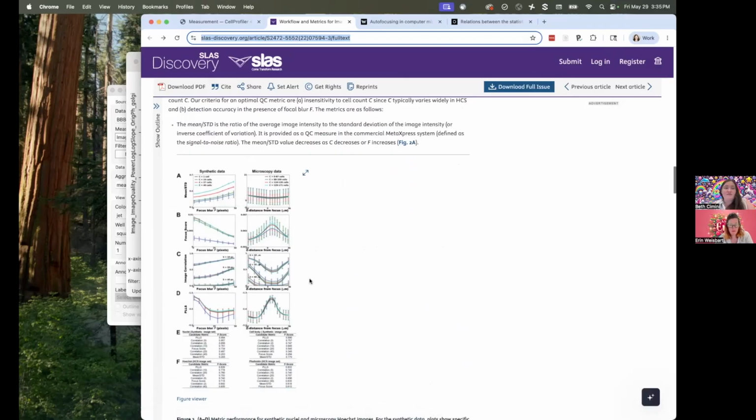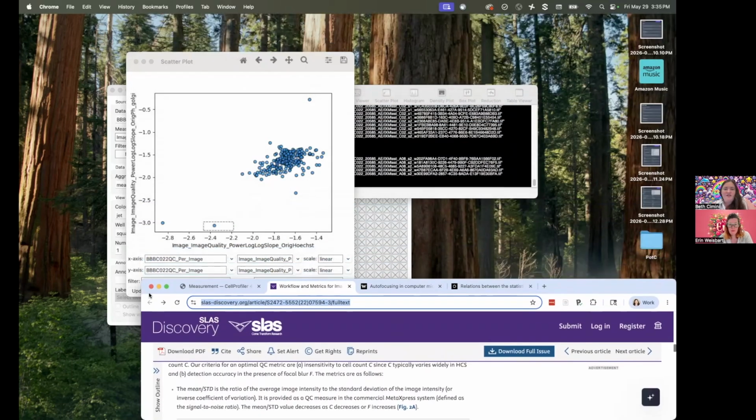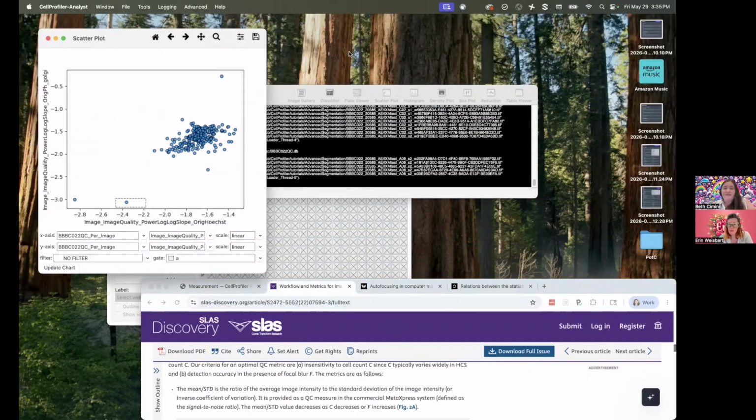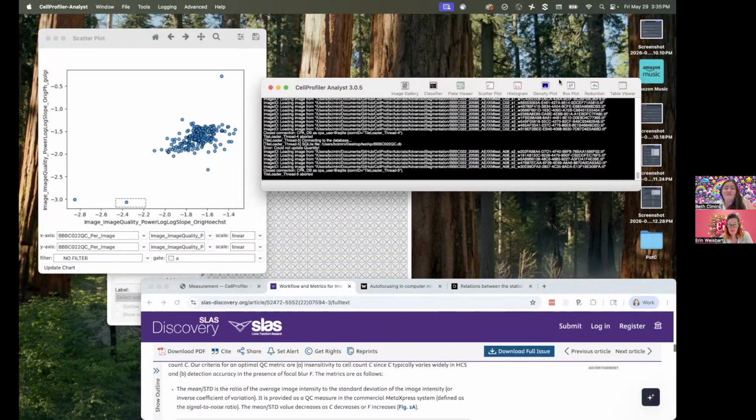So this is a really nice paper. And we in fact have, and we'll put a link in the show notes, a tutorial for looking at image quality in CellProfiler that uses some of these measurement quality metrics.